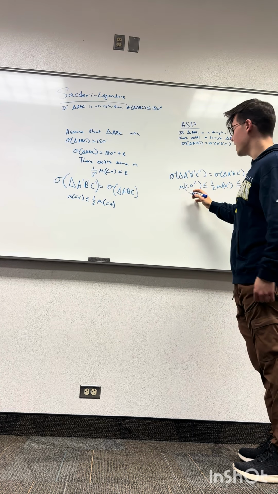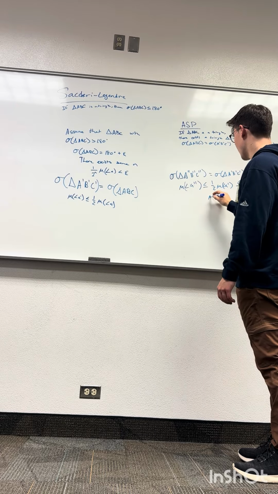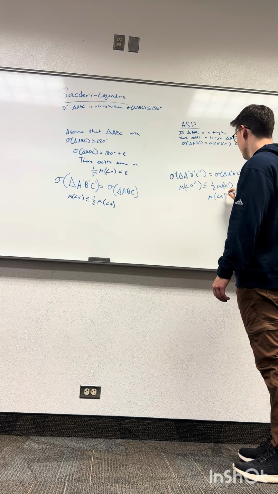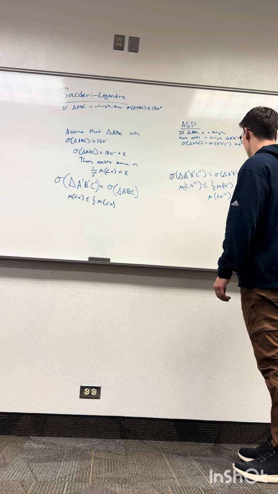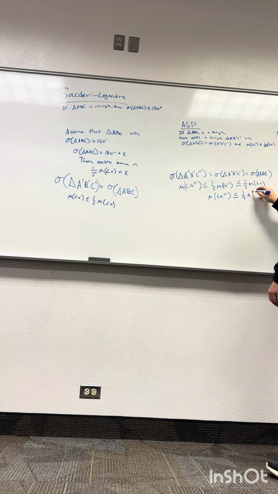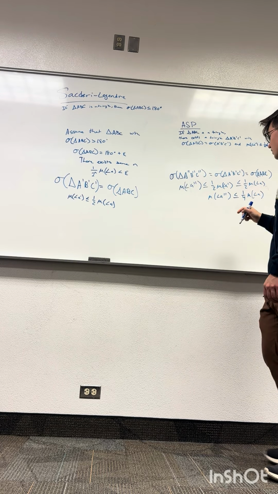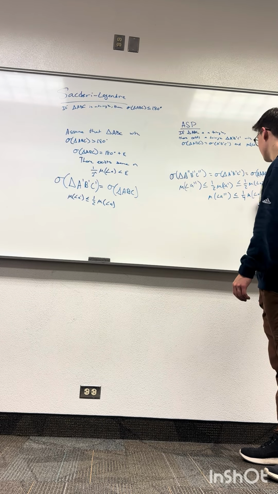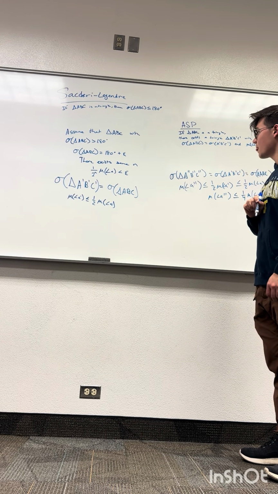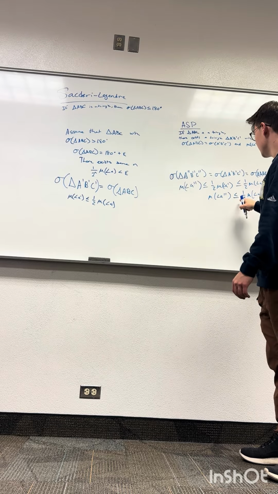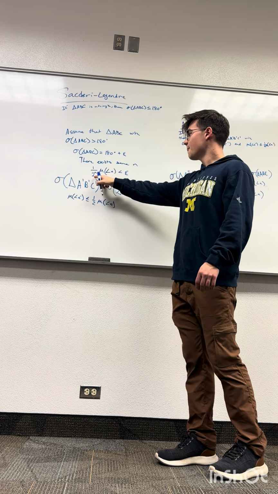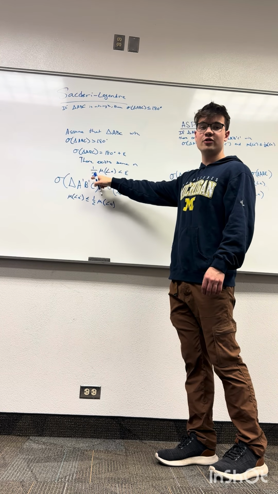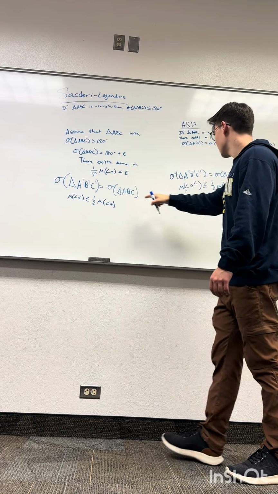Therefore, this new angle measure of A double prime must be less than or equal to 1/4 of the angle measure of A, since it's less than or equal to half of the angle measure, which is 1/4. So can you see that all we're doing is putting 1/2 to an increasing power?